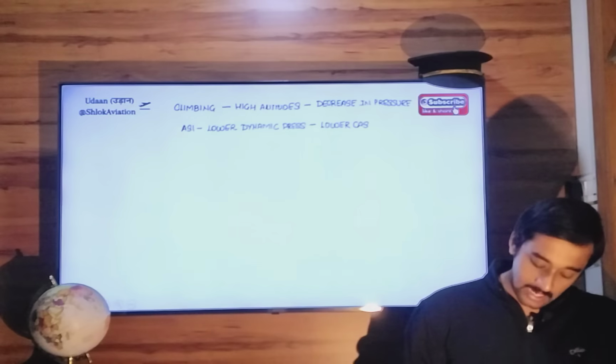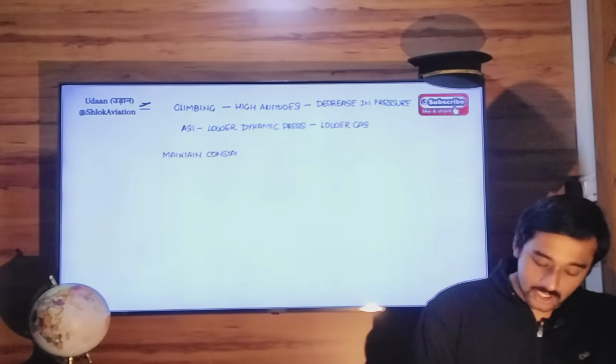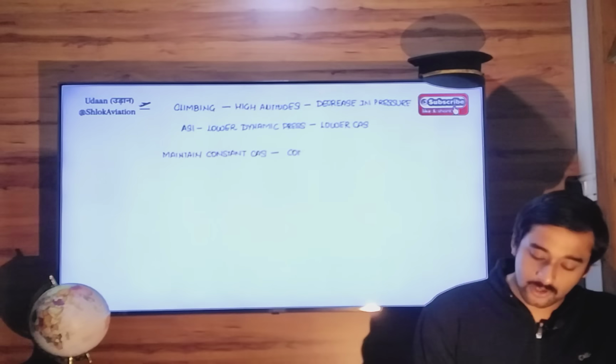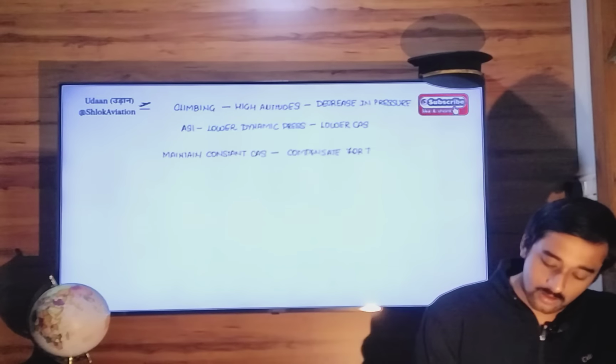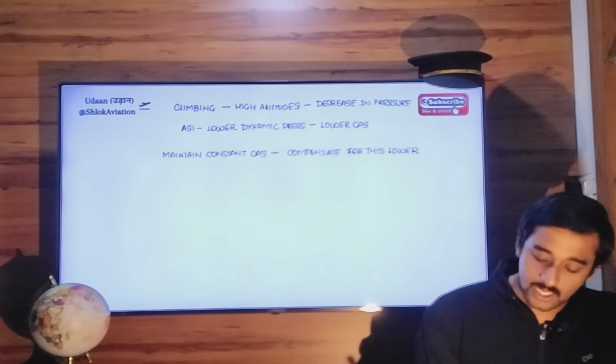Now if you want to maintain a constant calibrated airspeed, you have to do something that will compensate for this lower pressure in the surroundings.